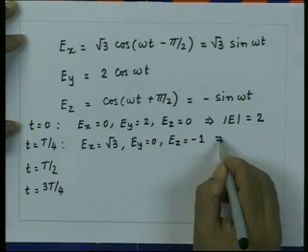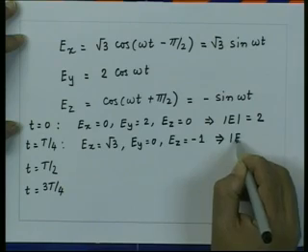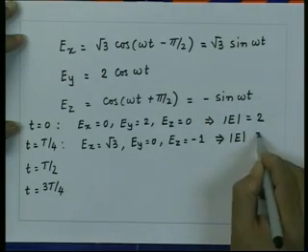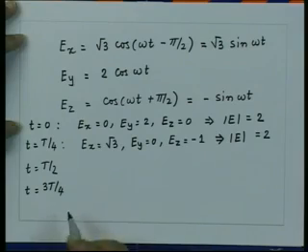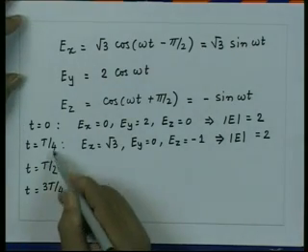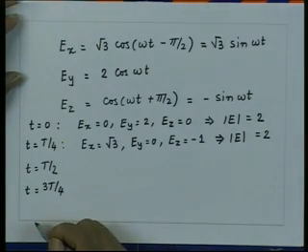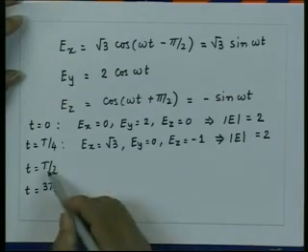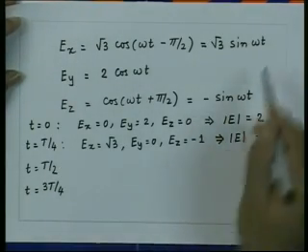That again gives mod of E, the square root of E x square plus E z square, equal to 2. Similarly, at T by 2, where the angle will be equal to pi, you will get the same magnitude.